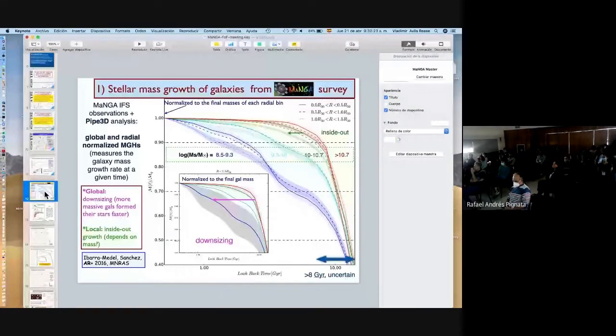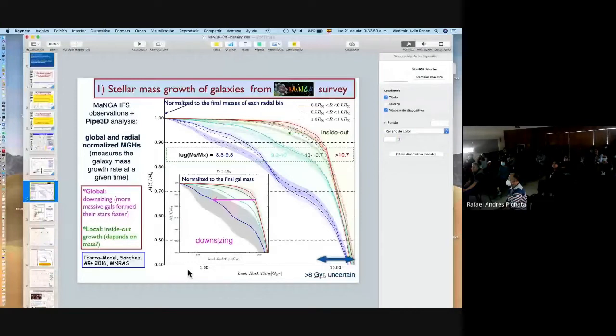Well, the first thing I wanted to talk about is the stellar mass growth of the MaNGA galaxies. Here I'm showing you the normalized mass aggregation history. Time today is here on the left, and this is the normalized final mass of each radial bin, or in the inset you can see the normalized final mass in total for all the galaxy.